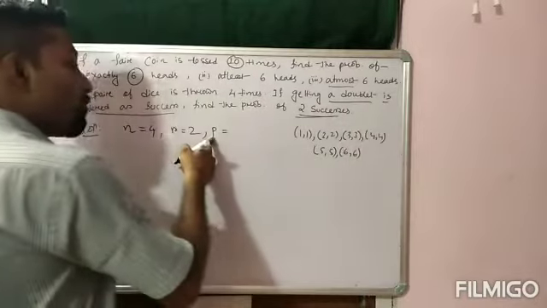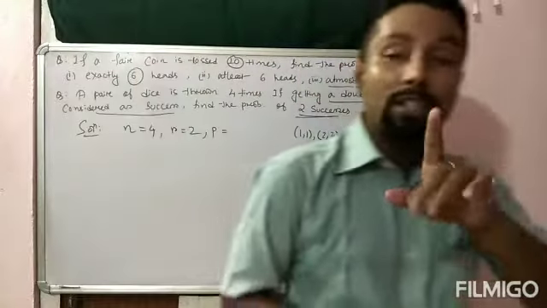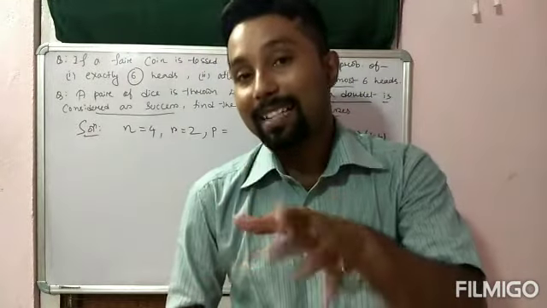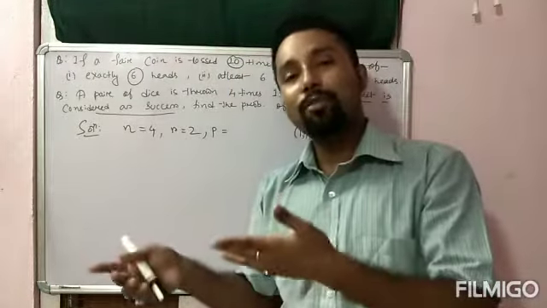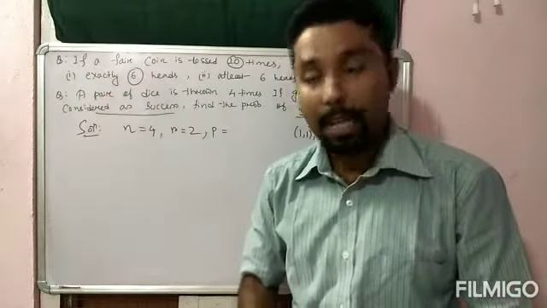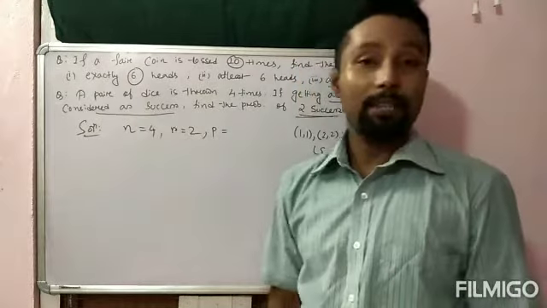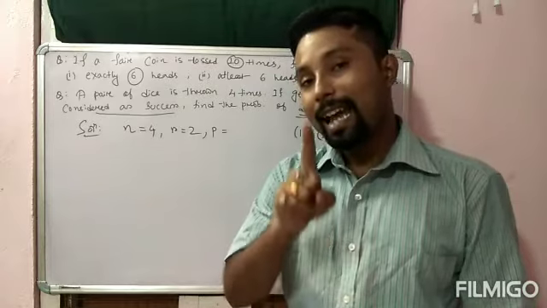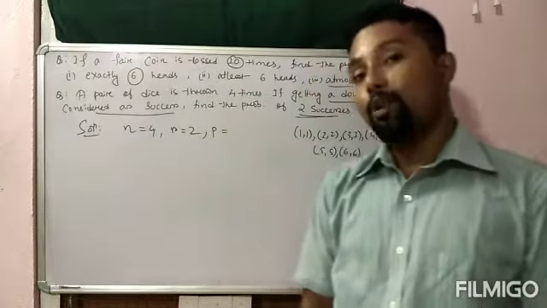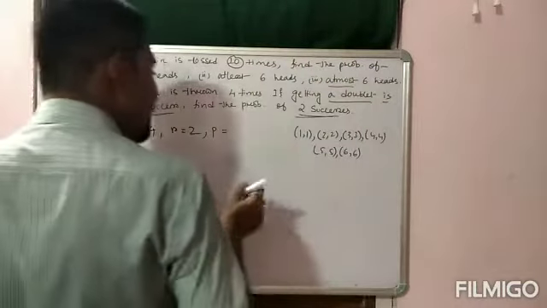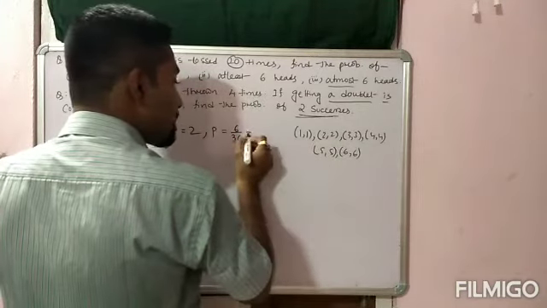So what will be the value of p? What I said, I said in the last question also, the value of success you get from tossing once is what you consider, and whether it was thrown 10 times or 100 times is written through the power. So here also the pair of dice is thrown 4 times. It is also not possible to write the sample space, but if you take it as one time, that means if you throw a pair of dice only once, then the probability of getting a doublet will be 6 by 36, right? 6 doublets are there out of 36, so that means the value of p will be 1 by 6.